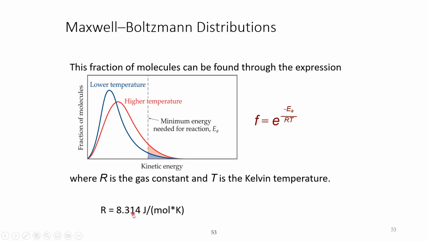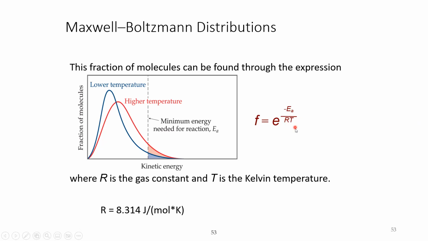But for this one, we're going to want to use the 8.314 joules per mole Kelvin, because with it, the activation energy is going to be in joules, or it could be in kilojoules, in which case we'd have to just move the decimal over a couple spots. But it's going to be in joules or kilojoules per mole.